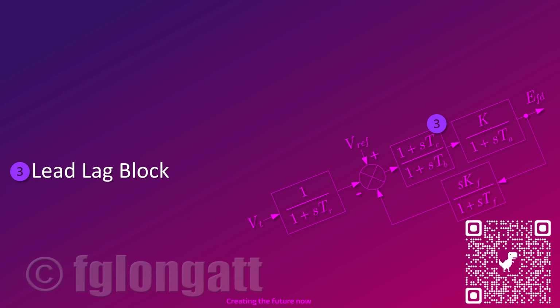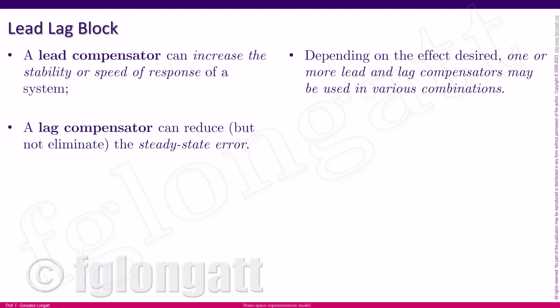Then probably the most interesting block is block number 3, because block number 3 is a lead lag compensator. And the lead lag compensator, to be honest, is quite interesting, because what it is doing is basically combining the best properties from both compensators. The lead compensator tries to increase stability and speed of response, and the lag compensator tries to reduce the steady state error.